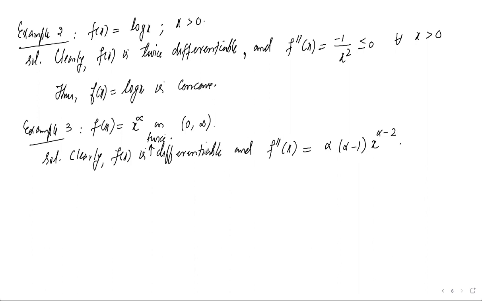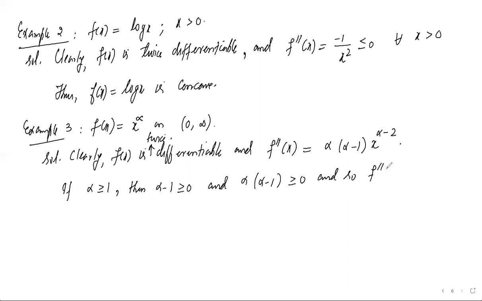Okay, now we'll choose cases. If alpha is, suppose, greater or equal to 1, then alpha minus 1 is greater or equal to 0, and alpha into alpha minus 1 is greater or equal to 0.